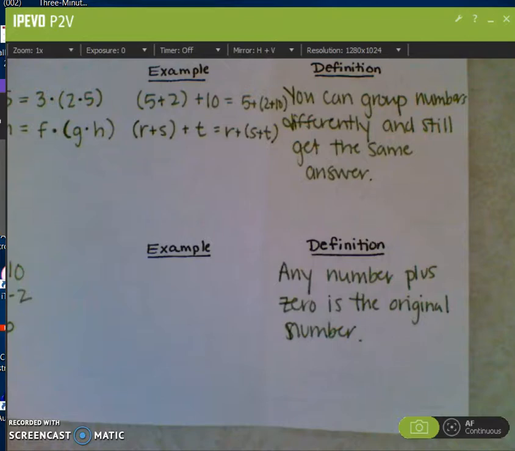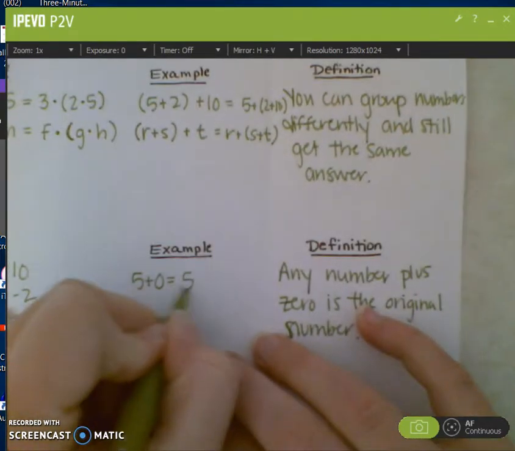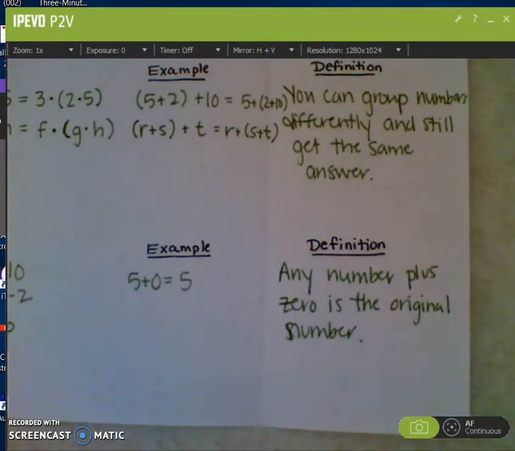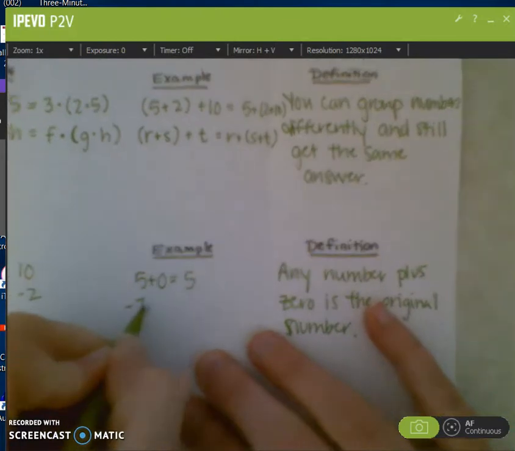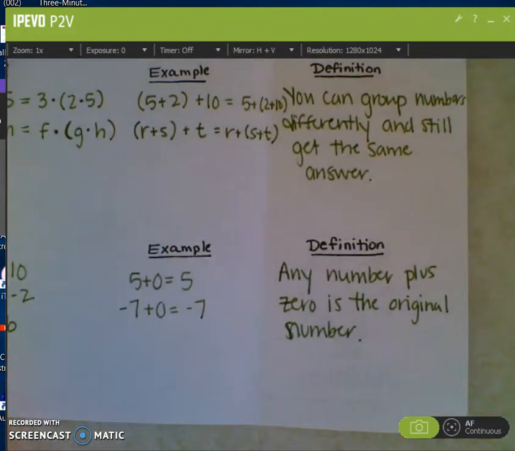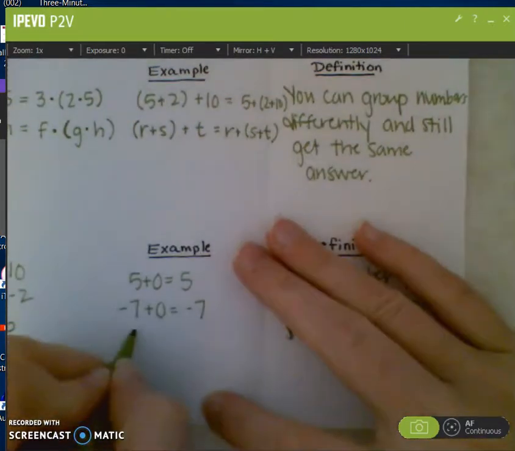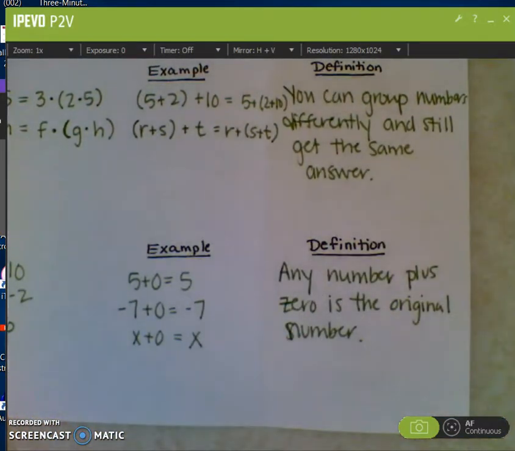So, for example, 5 plus 0 is 5. Knowing the identity property of addition, even if you don't know negatives, -7 plus 0 is still -7. We could use a variable, we could plug in x, and we could say x plus 0 is equal to x. We know these things are true because of the identity property of addition.